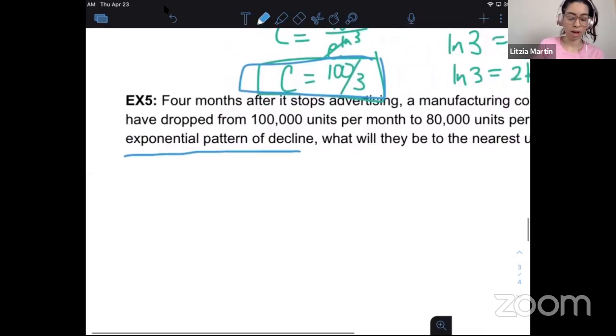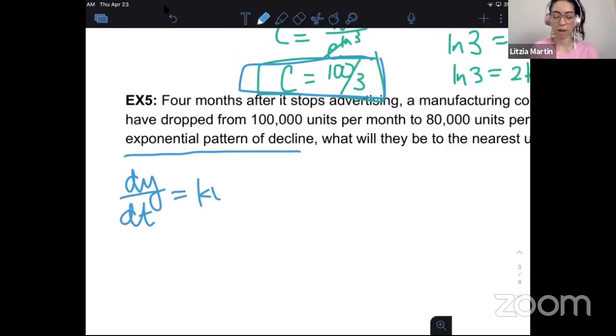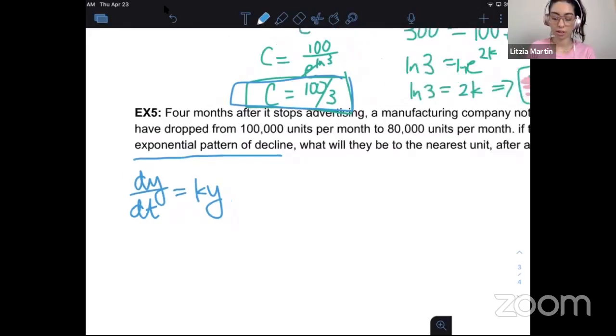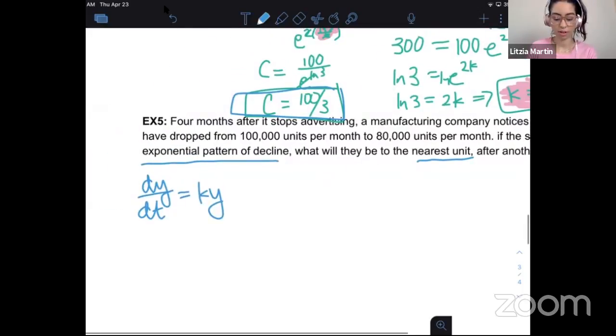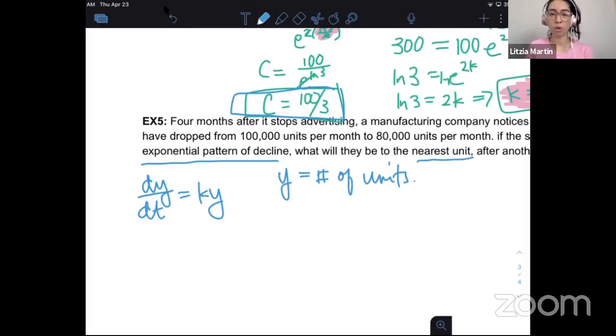So we have dy over dt is equal to k times y. And what does y represent? The number of units. So it's important to always, when you write an equation, make sure you understand all the parts. dy stands for the rate of change of y, the number of units, dt is over time, is equal to k times y.